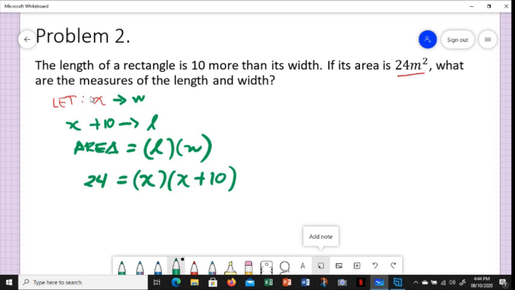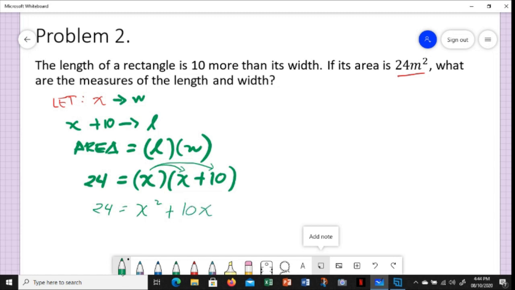Then we need to multiply it first. x times x and x times 10. So what will happen, this will become 24 equals x times x is x squared plus 10 times x is 10x.